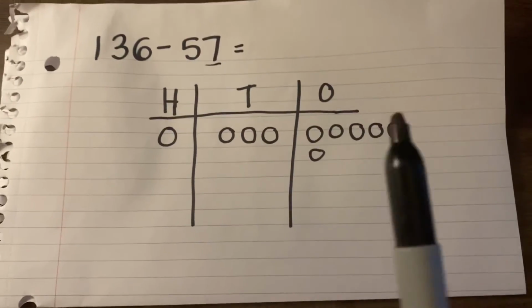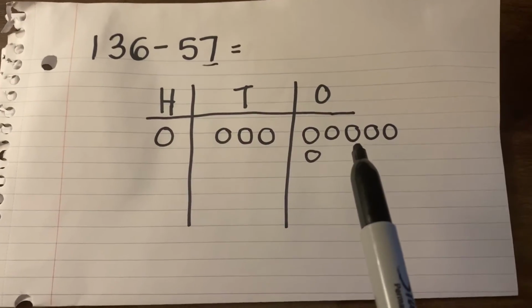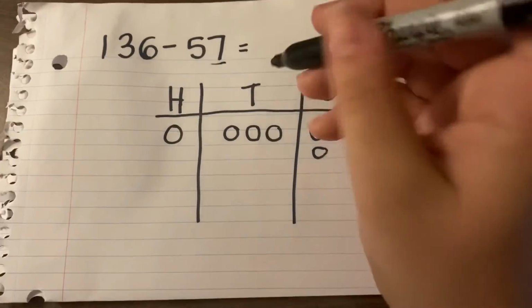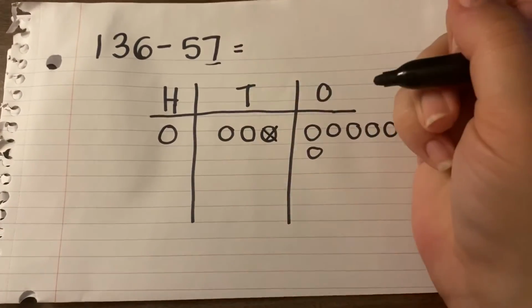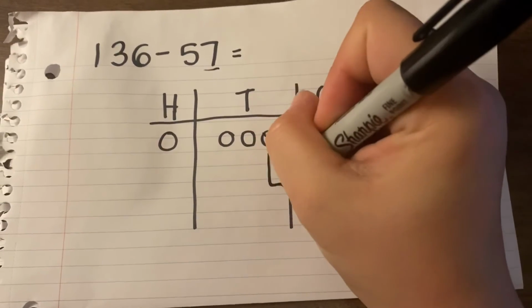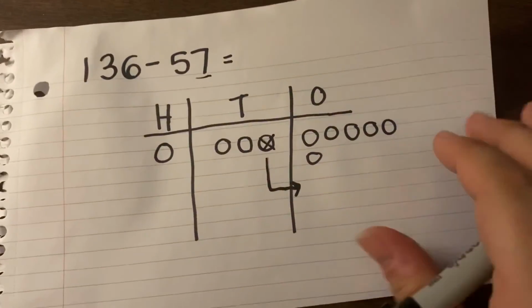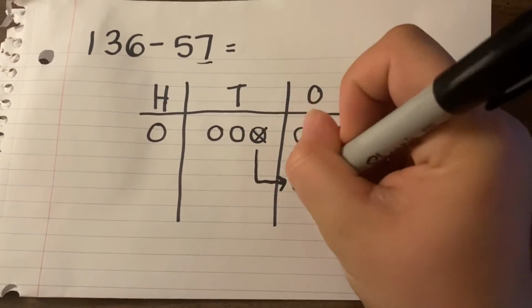What can I do when I don't have enough? Yes, I can unbundle. So I'll go ahead and take one of the 10s, bring it over to my ones, and in its place, draw 10 ones.